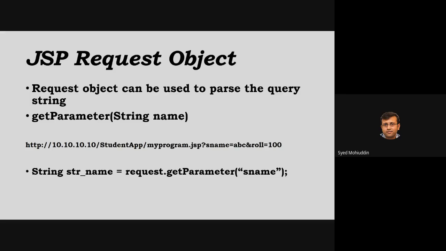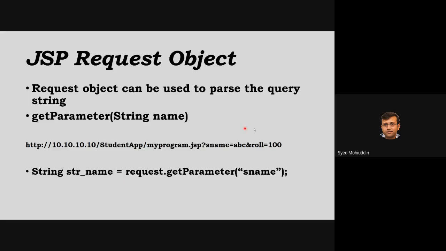So if we have the statement String str_name = request.getParameter("sname"), this request is the implicit object. We are not defining it; if we just use it, it will work. It is an implicitly built-in object. It will return ABC as the value, so str_name will contain ABC.